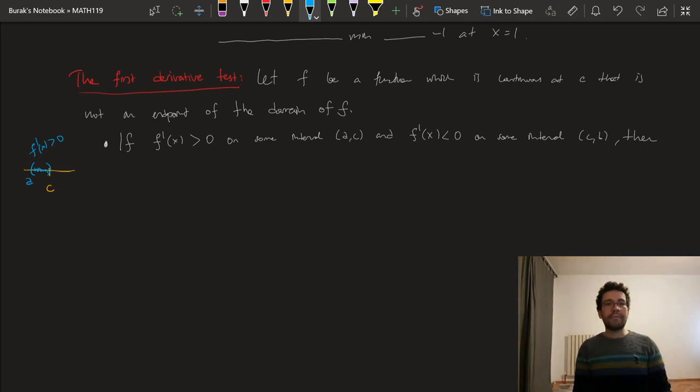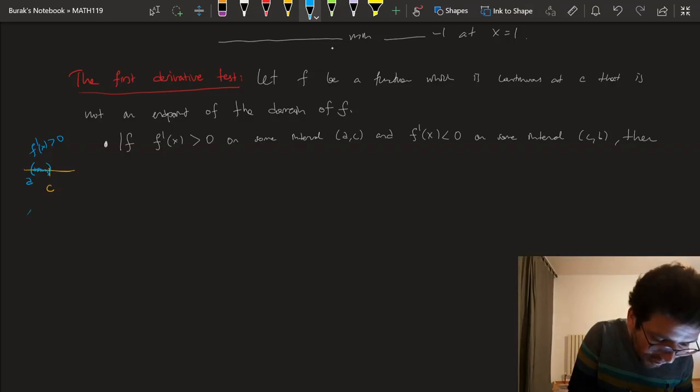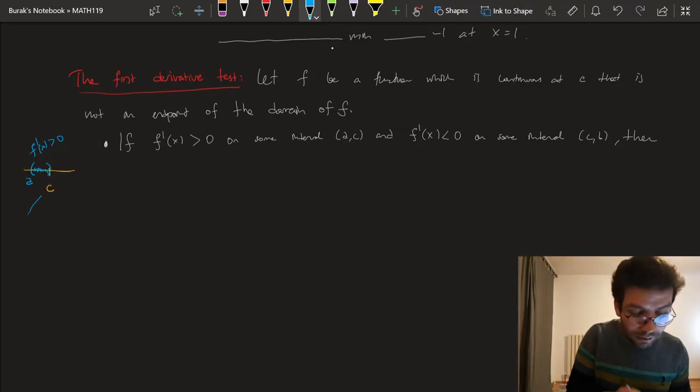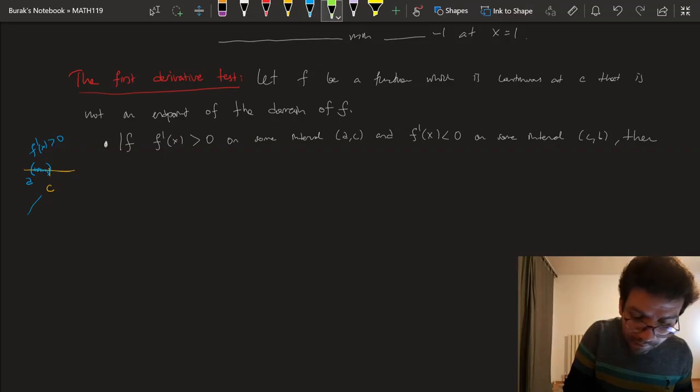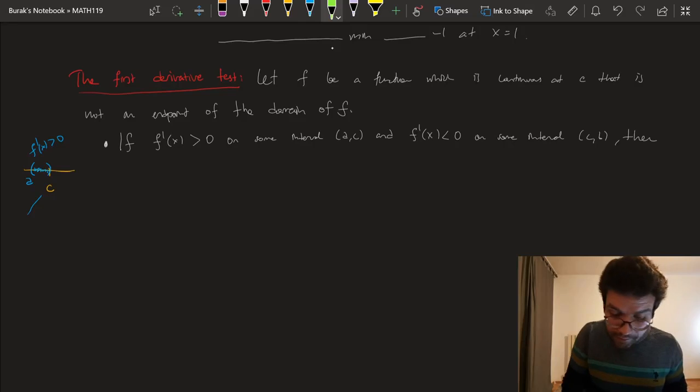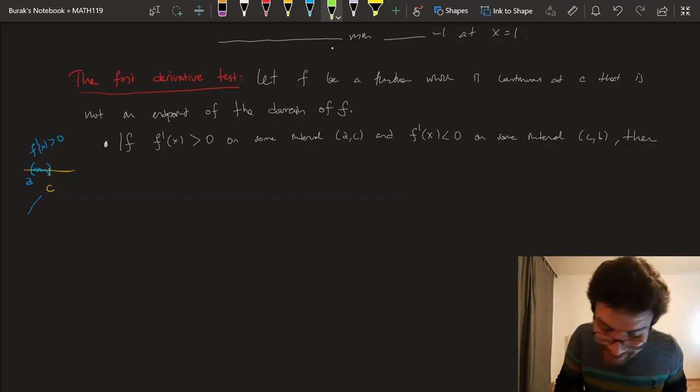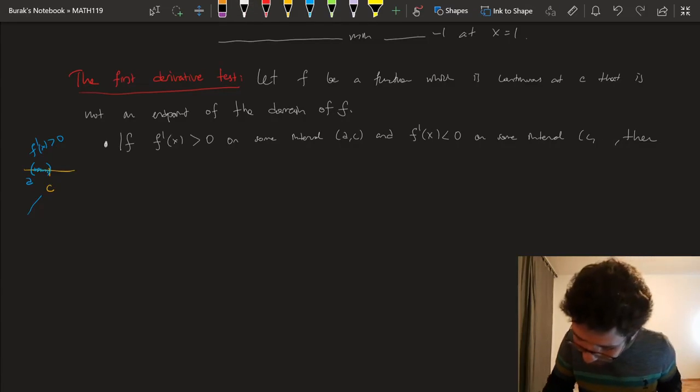What does this mean? Remember, as a consequence of the mean value theorem, we learned that positive derivative means that your function is increasing. So over here, my function is increasing. And as hypothesis, I also have that f prime of x is negative on some interval of the form (c, b). Okay, that's like b.